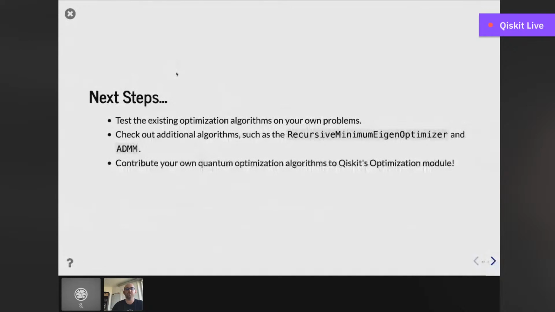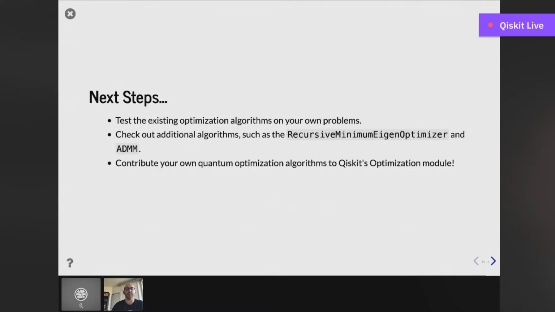Now, what can you do next if you want to do something hands-on? Of course, modeling optimization problems is very, very easy with DOcplex. And DOcplex is free if you install the community version, which runs to, I don't know, probably a few hundred variables. For testing these algorithms, this should be fine. But also the quadratic program in Qiskit can be used directly to model your problems.